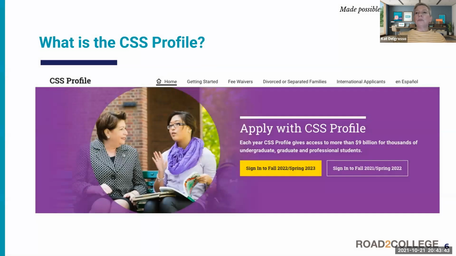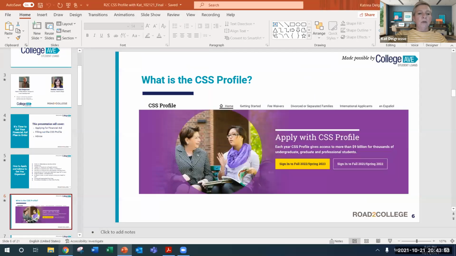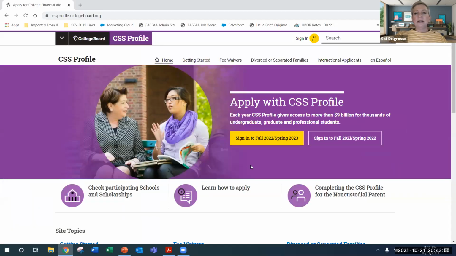All right, so the CSS profile application, this is the page that it'll look like for you in terms of the application. And I'll just briefly roll out here to the actual site itself. The reason why I wanted to go out here to the live site for just a moment is if you're applying for next fall, you're going to click on the yellow button that stands out.